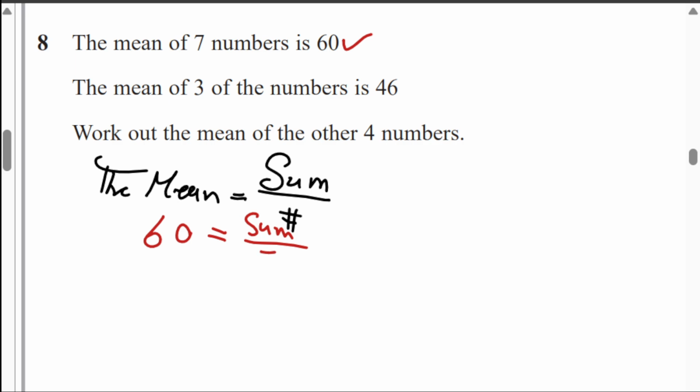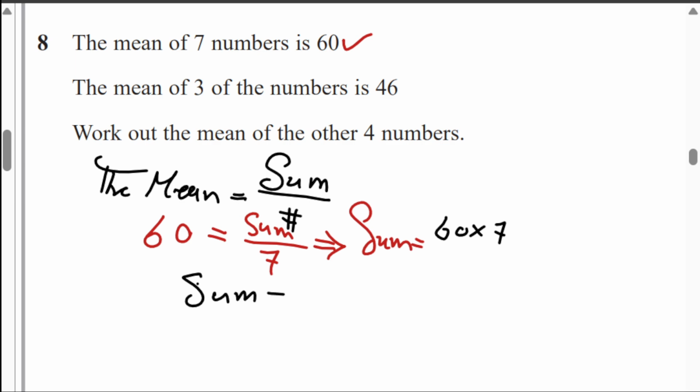There are 7. So to find the sum of these 7 is equal to 60 times 7. So that's 60 times 7. So the sum of the 7 numbers is 6 times 7 is 42, so it's 420.